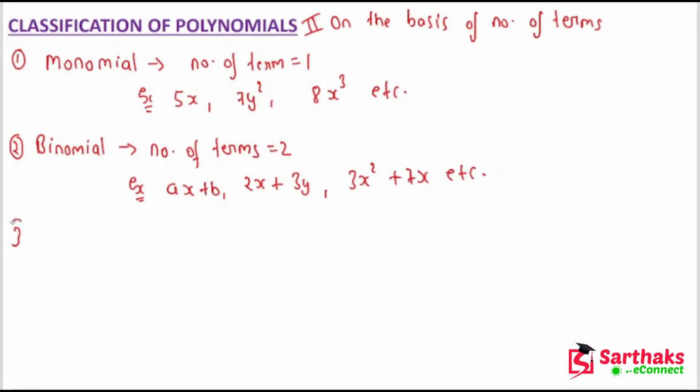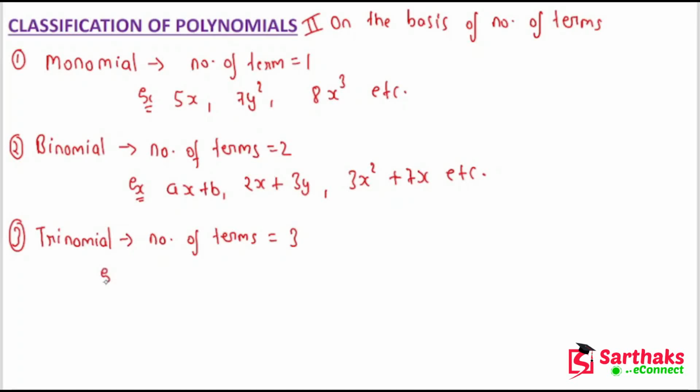Similarly, we have trinomials, in which the number of terms is 3. After that we call everything polynomials, because two or more than two terms make a polynomial. So if an expression contains 3 terms, it is called a trinomial.